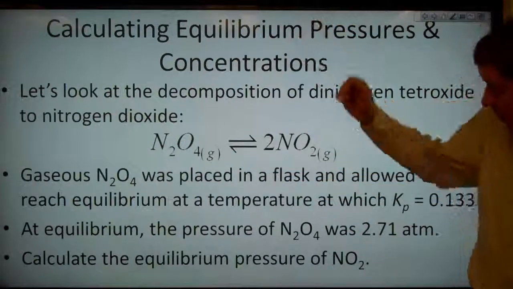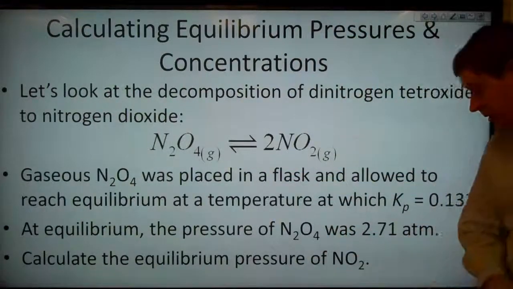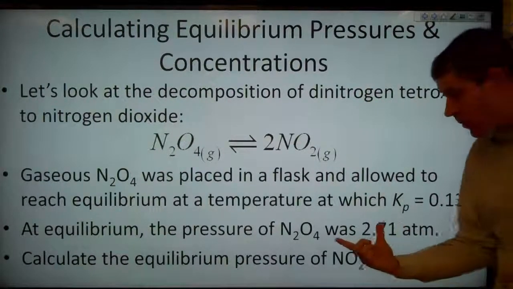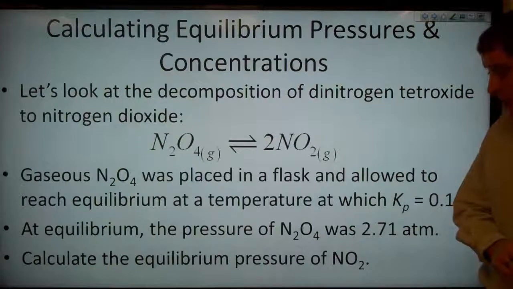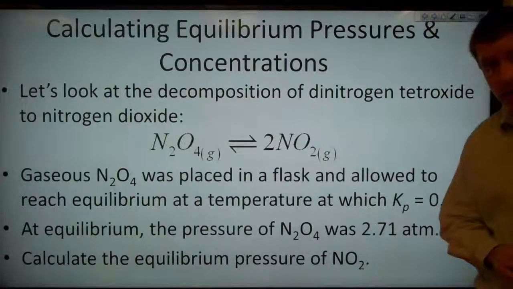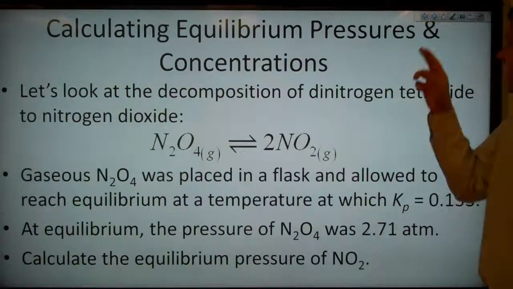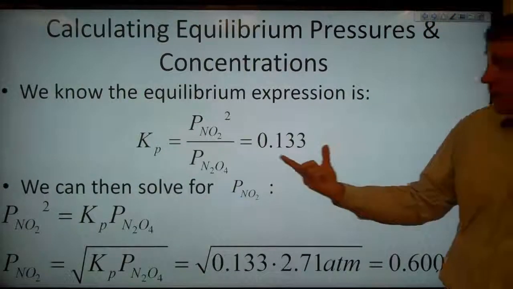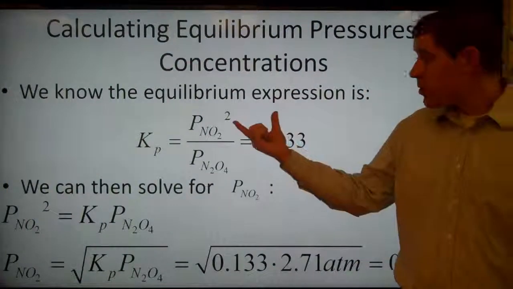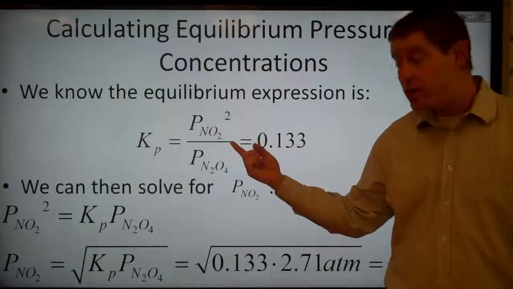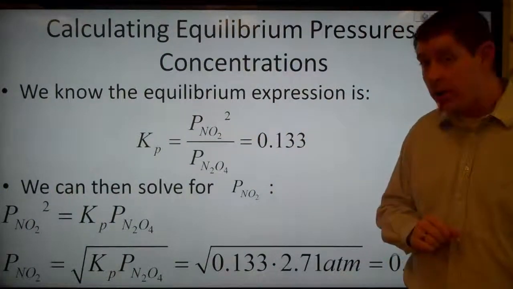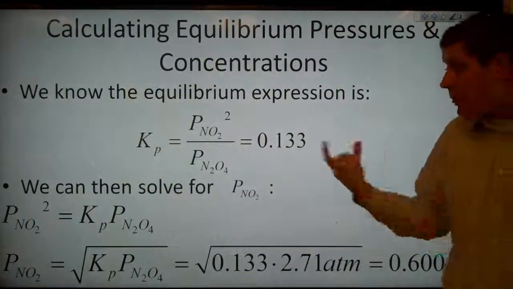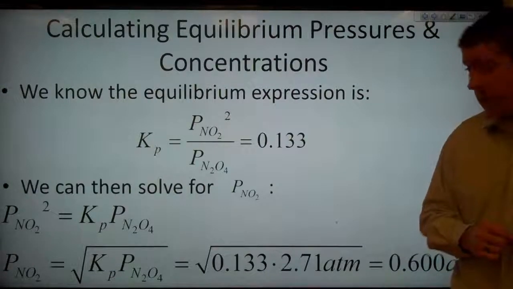So at equilibrium, the pressure of dinitrogen tetroxide was found to be 2.71 atmospheres. And let's say we want to calculate the equilibrium pressure of nitrogen dioxide, the NO2. Well, we know the equilibrium expression looks like this. We have Kp is equal to the partial pressure of nitrogen dioxide squared divided by the partial pressure of the dinitrogen tetroxide, and we know that that value is 0.133.